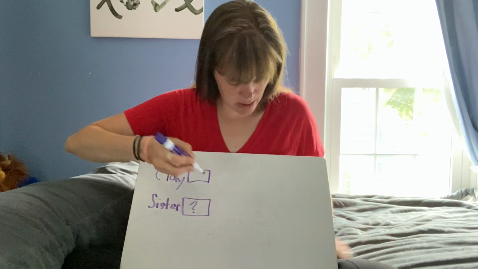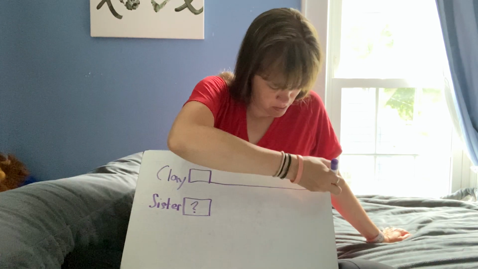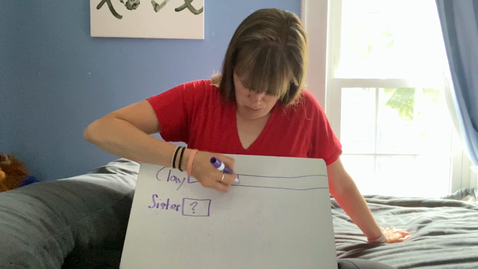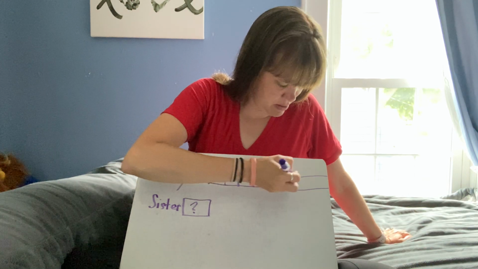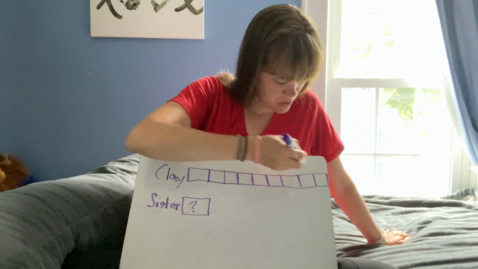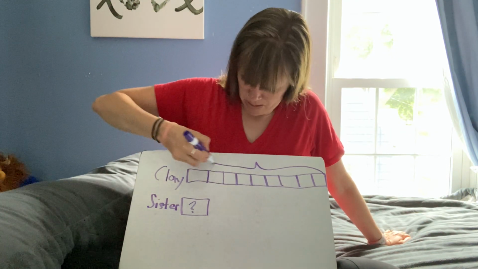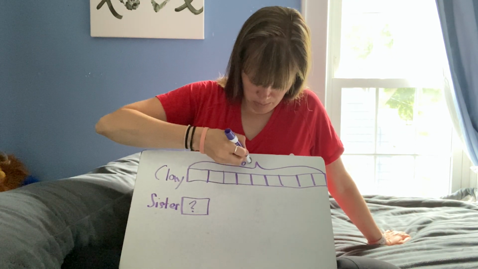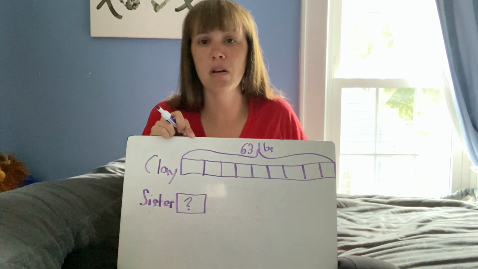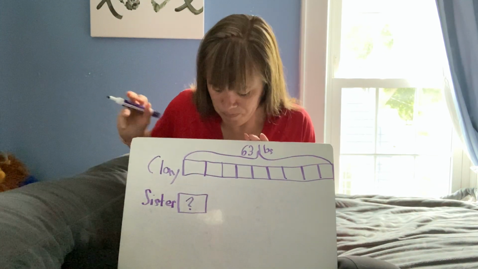So I've got to do this 9 times. I'm just going to go all the way across. 1, 2, 3, 4, 5, 6, 7, 8, 9. Okay, well, we did it. So he weighs 63 pounds. This whole thing is 63 pounds. See, that was the hard part on this one. This one was tricky.